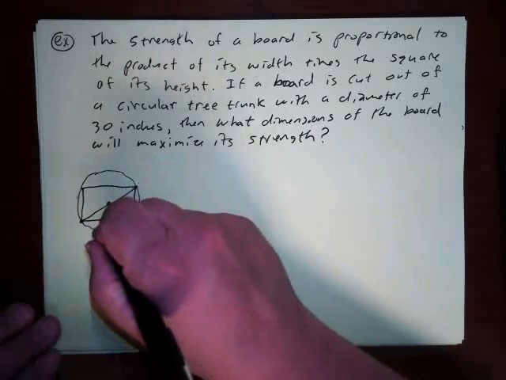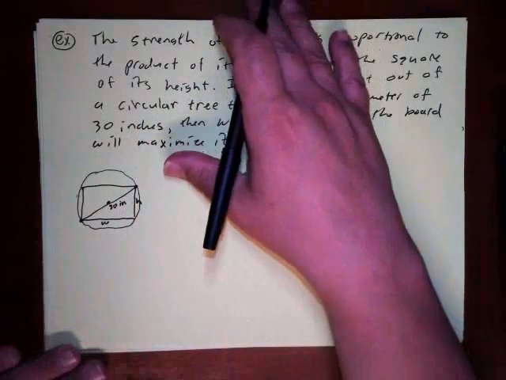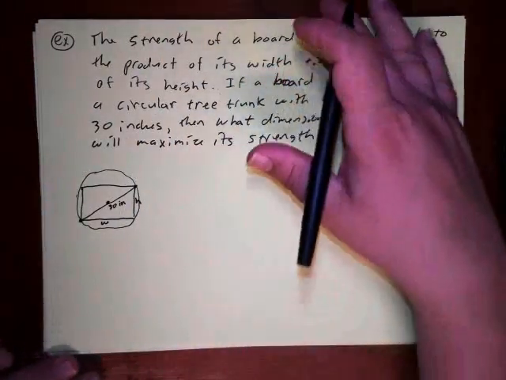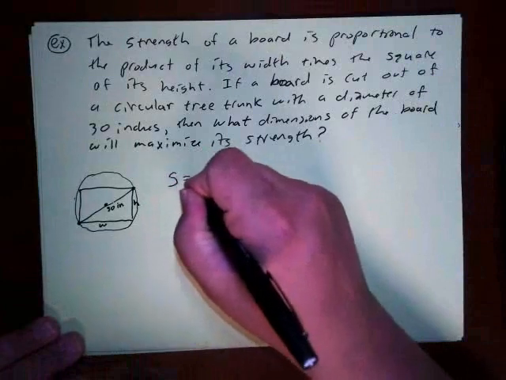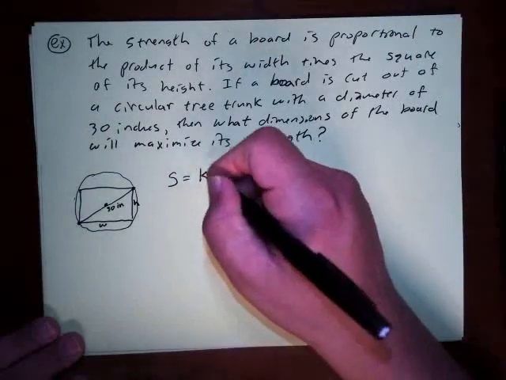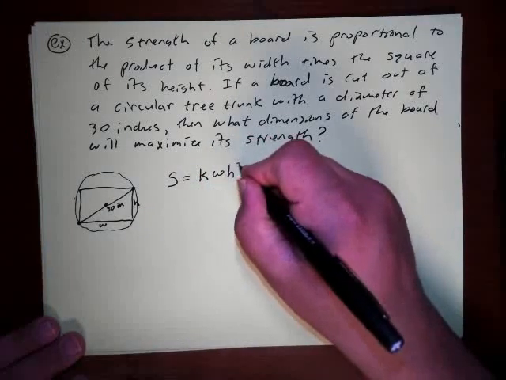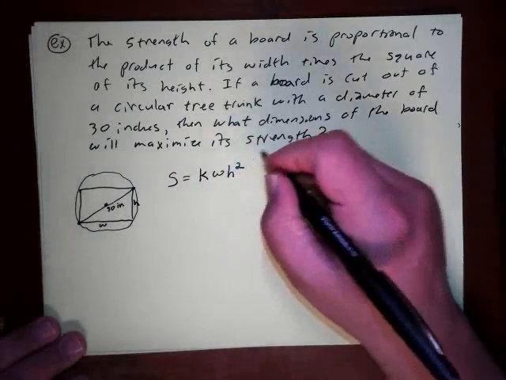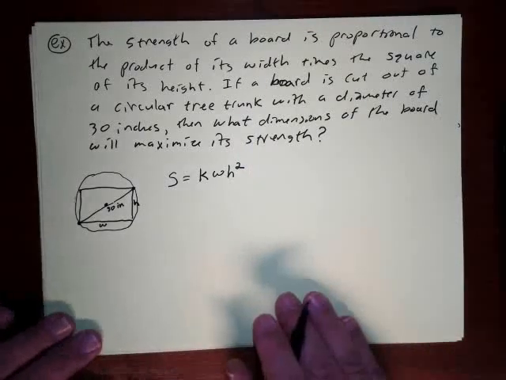Here we'll say is the width, and this is the height of the board. The strength of the board, I'll use S, is proportional to the width of the board times the square of the height. So it's S = kWH squared. Okay?